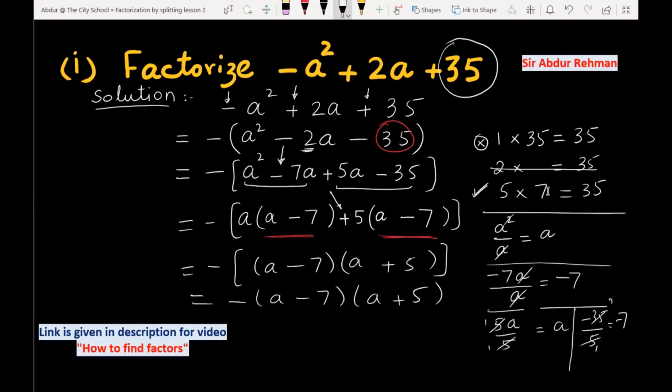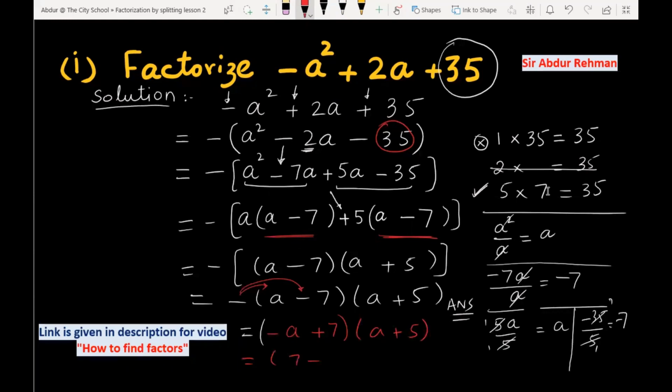This is your final answer. Or if you multiply a minus 7 with the negative sign, you can multiply minus by a and minus by minus. So you can get (minus a plus 7)(a plus 5).